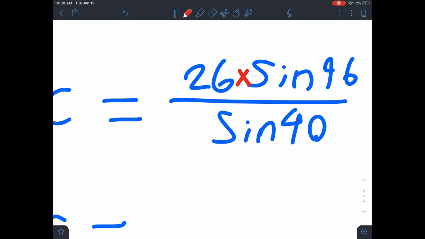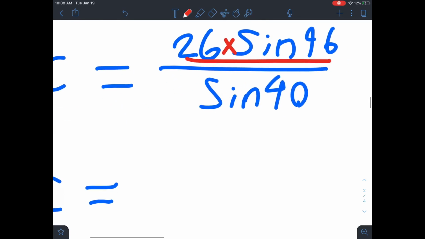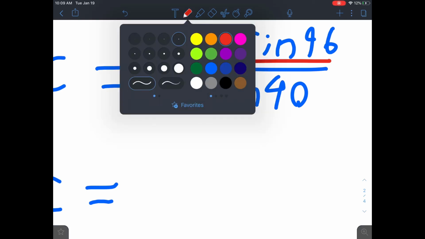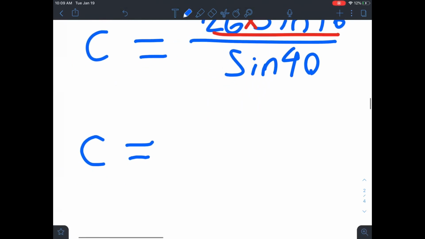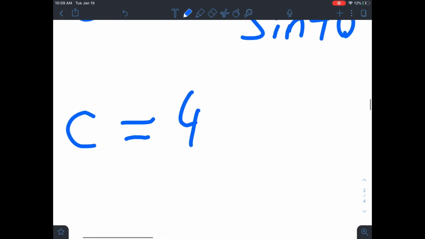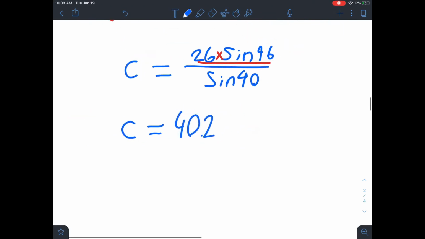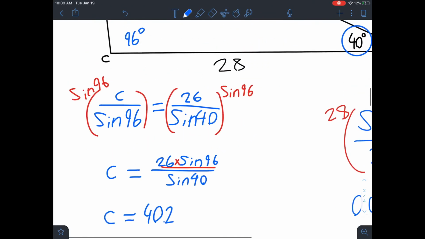Once you get this number up here, you can then divide it by, press divide, 40, press sine again, then press equals. Your final answer shouldn't be too crazy. If you get 4.2, then good job.